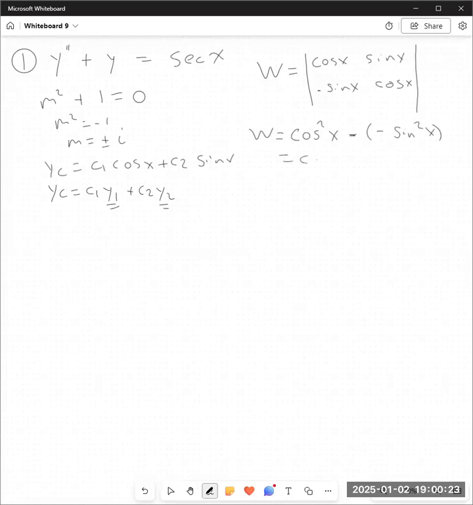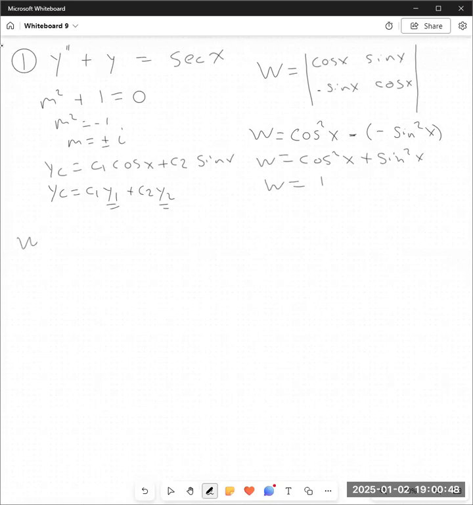So that's going to be cosine squared x plus sine squared x. And we know by our Pythagorean identities that that's 1. So this is wonderful for when we are figuring things out later, because we're going to be dividing by this number. So we're only going to be dividing by 1 in this first problem.